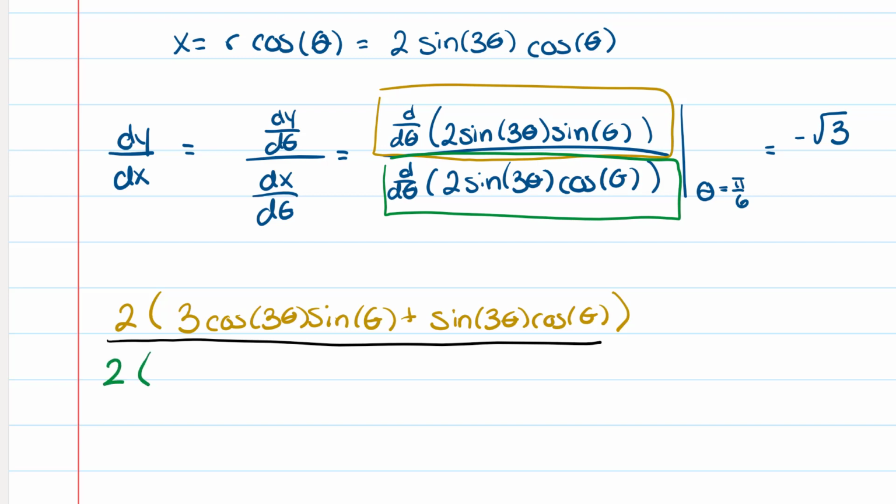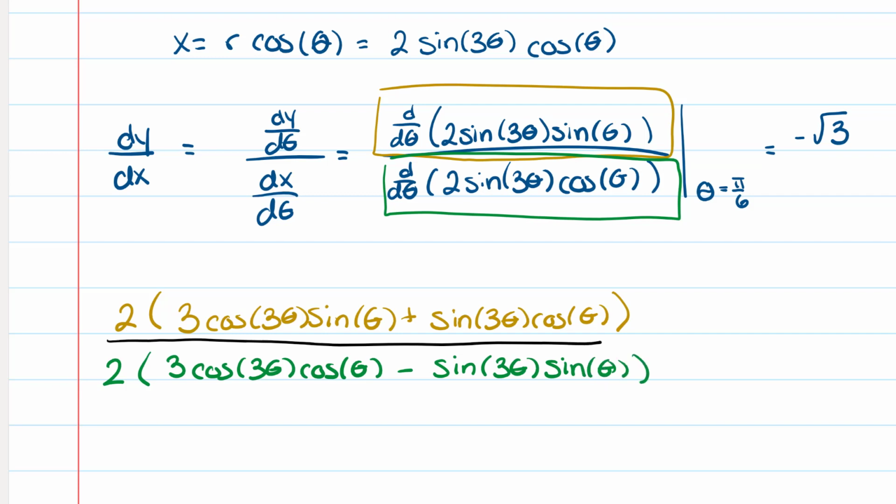I bring out the 2 because it's a constant, and it's going to be almost the same thing. It's going to be 3 cosine 3 theta cosine theta, and then the derivative of cosine is negative sine, so we get minus sine of 3 theta sine of theta.